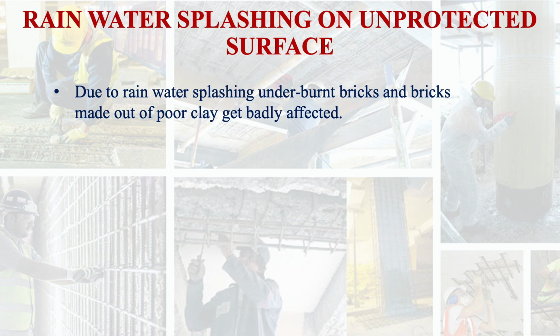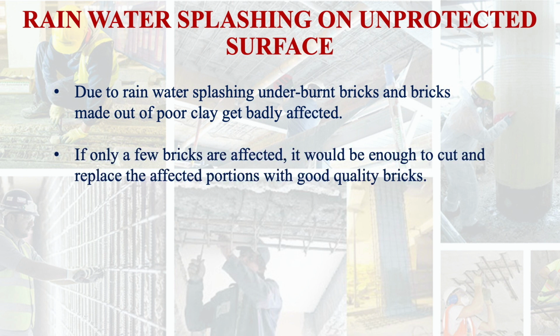Rainwater splashing on unprotected surface. What happens because of this? Due to rainwater splashing, underburnt bricks and bricks made out of poor clay get badly affected. If only a few bricks are affected, it would be enough to cut and replace the affected portion with good quality bricks.